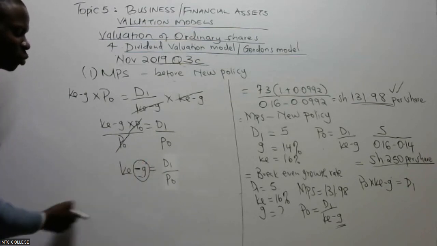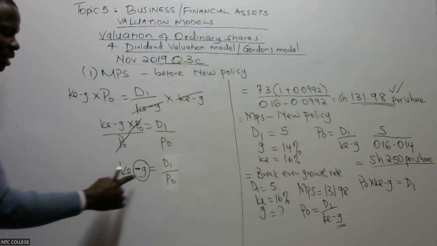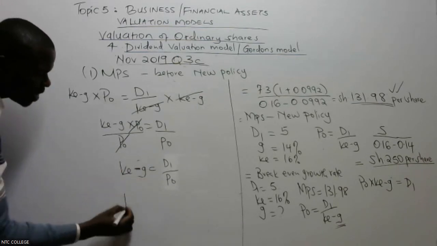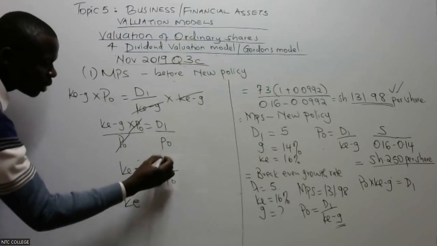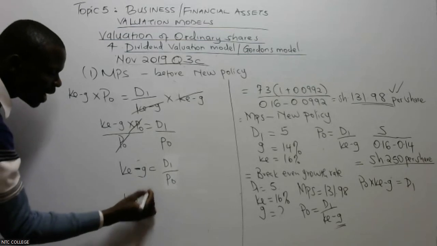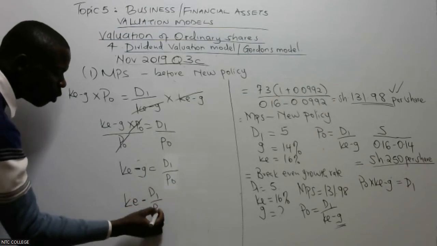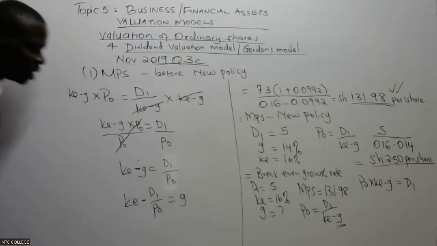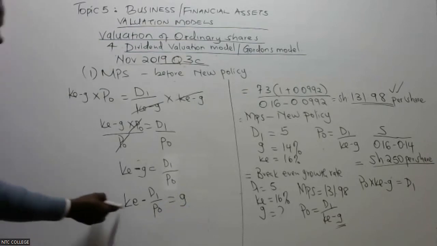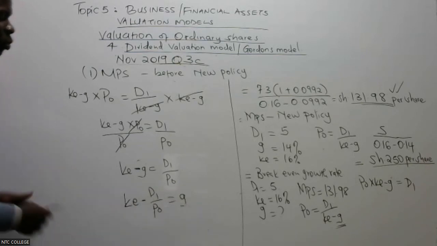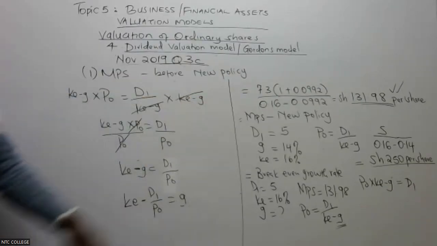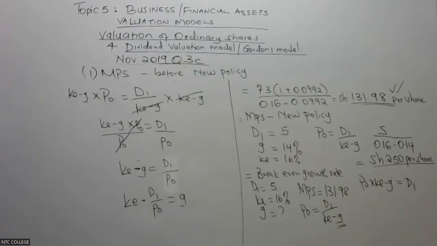Remember, a product goes with the sign before it. So KE is a positive sign because it doesn't have any sign before it. So it's KE minus D1 over PO is equal to G. Then using this formula, you can determine the break-even growth rates.